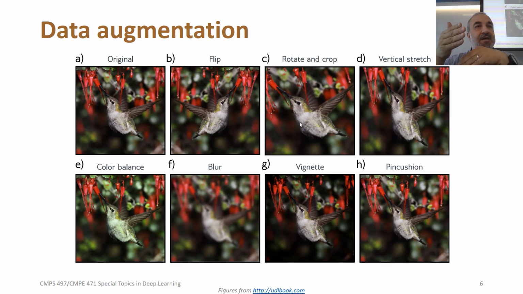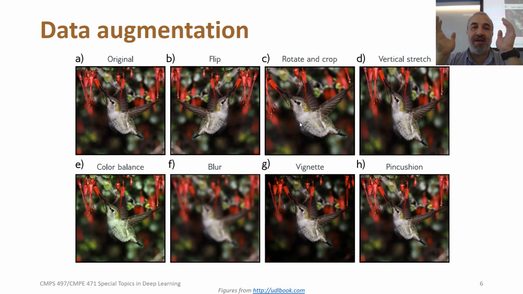So there are many ways by which I can transform the image while keeping the same label. And now, adding this automatically generated labeled data to the training data, hopefully that will improve the training of the model.